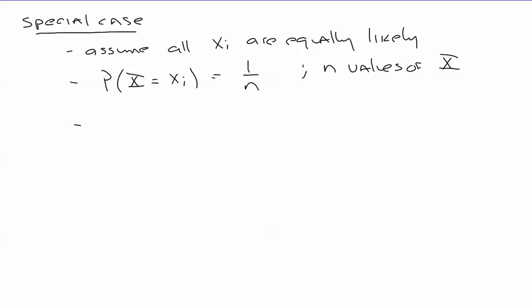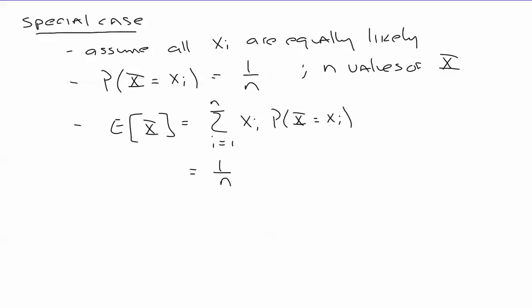Well then, in that case, the expected value is the summation i equals 1 to n of x sub i times the probability that x equals x sub i. And that's just going to be 1 over n times the summation i equals 1 to n of x sub i. All right?